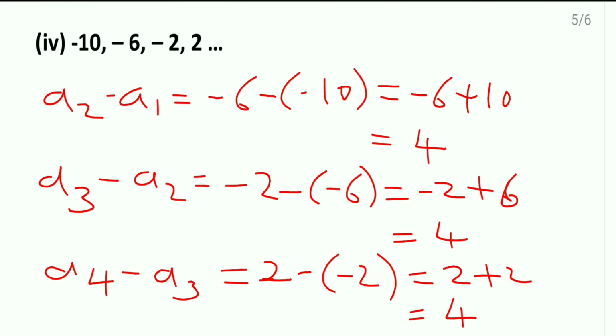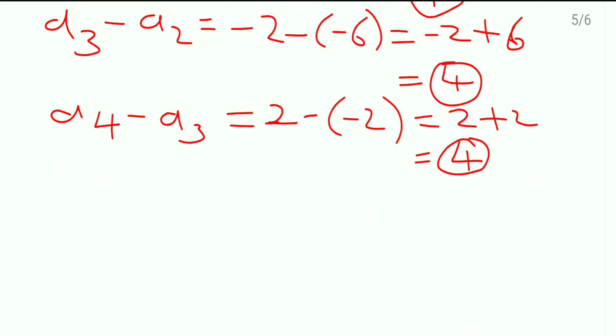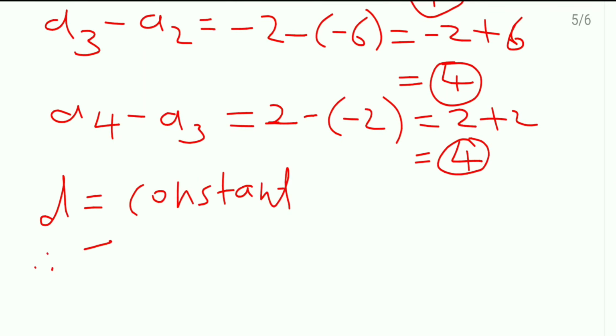Everywhere your D is constant. Correct? So here we'll write it down: common difference is constant. Therefore, it is an AP.